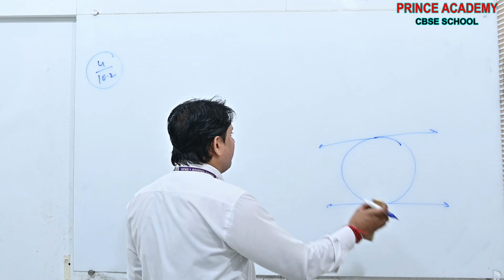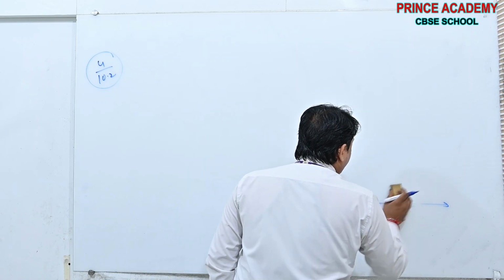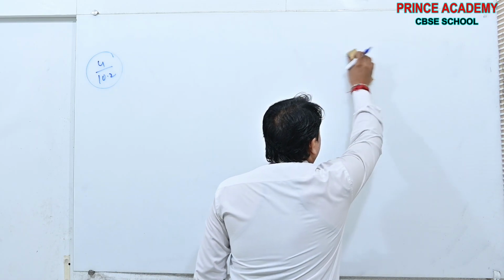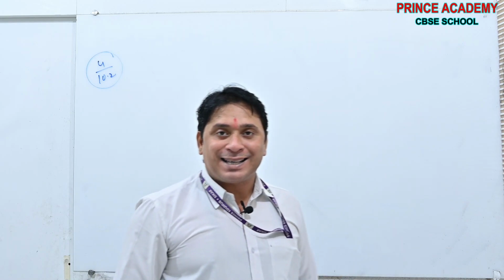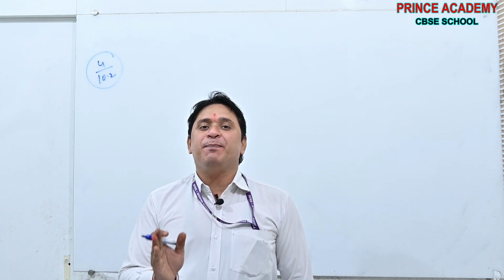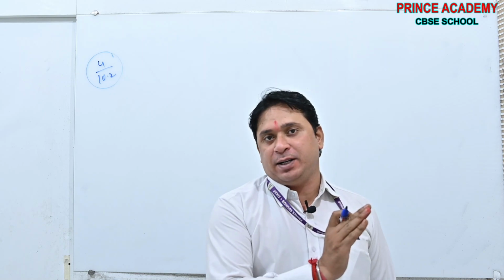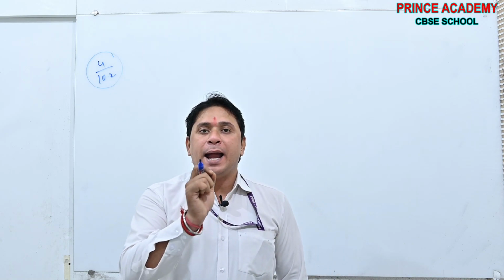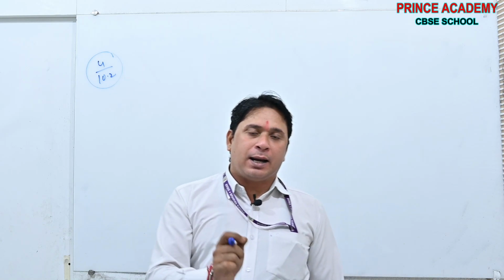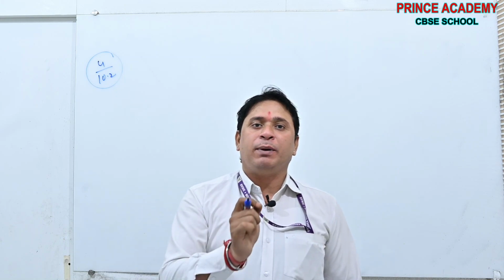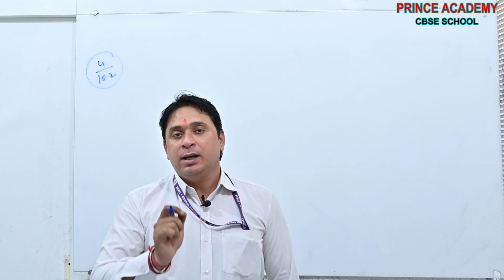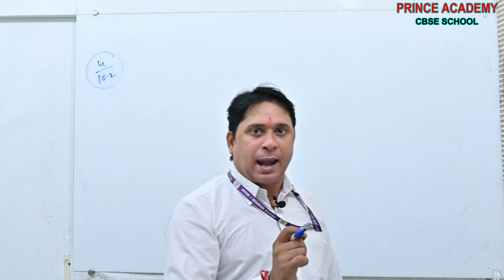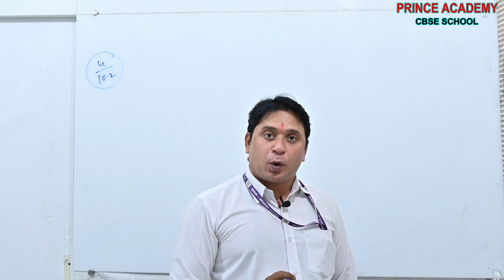Now this is the theorem we have to prove: tangents passing through the endpoints of a diameter, or you can say the endpoints of the diameter are the points of contact between the two tangents and the circle, then the tangents are parallel. Here we have to prove this.